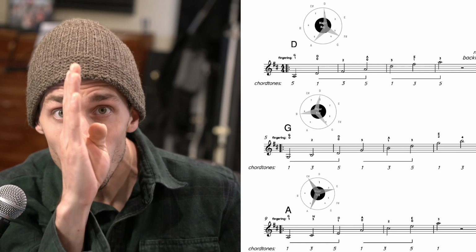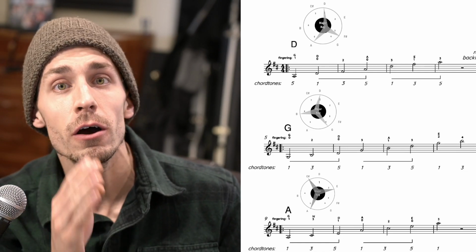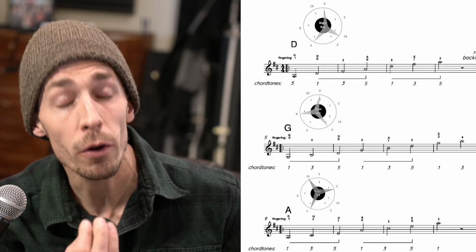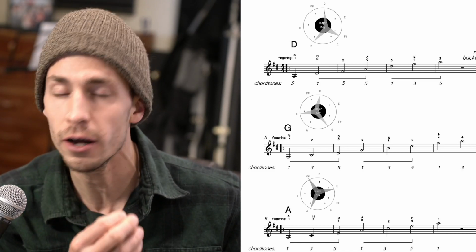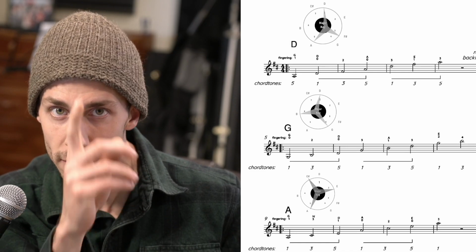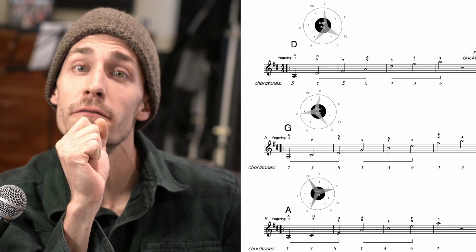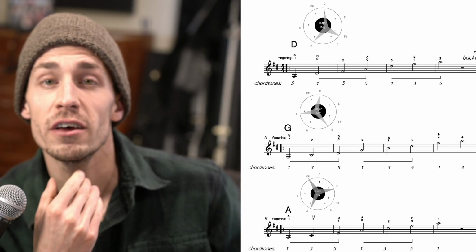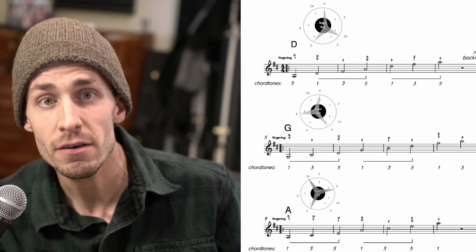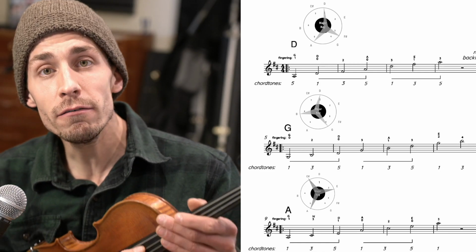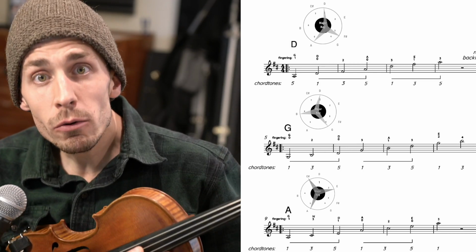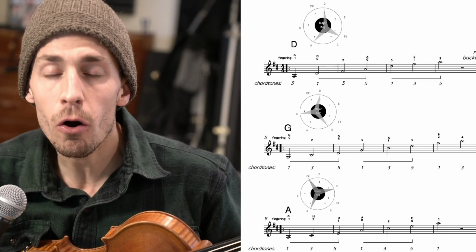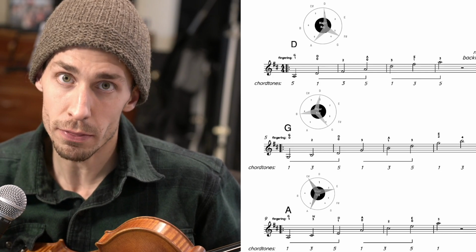Anytime you have a one chord, its chord tones are going to line up with what are called the scale degrees. So when you start on scale degree number 1, that's going to be the root of the one chord. When we say a chord has a 1, 3, and 5, in the case of our one chord, its chord tones are also going to be scale degrees 1, 3, and 5.